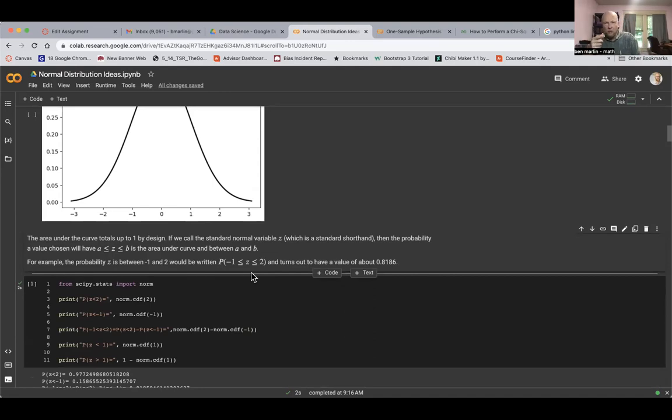Anytime somebody's talking about normal distributions and they start making reference to Z, Z is the standard normal, or maybe you could say standardized normal, but it's a normal distribution which has as its mean, the middle of it, of 0, and its standard deviation, which is just a measure of how spread out it is, of 1. Okay, so standard normal is talking about that. Whereas if you just say a normal distribution, you can set it up to have any mean, and then you can make it spread out, or you can make it very skinny, either way.